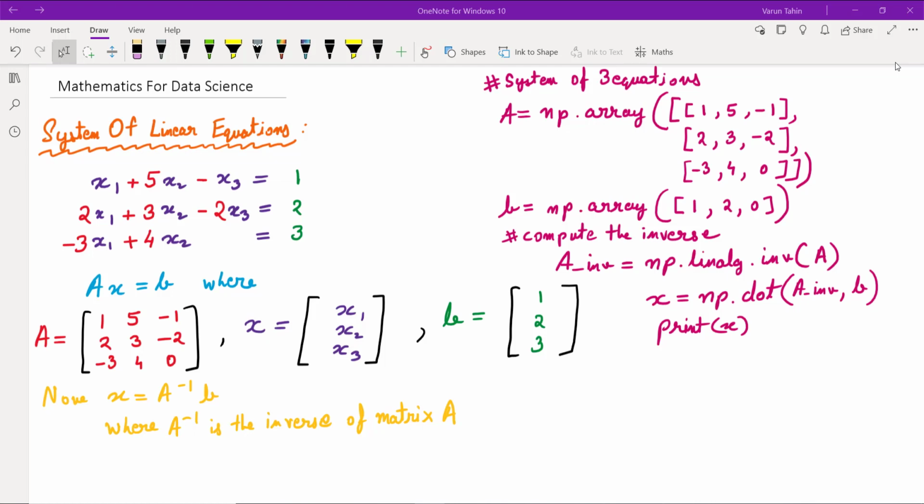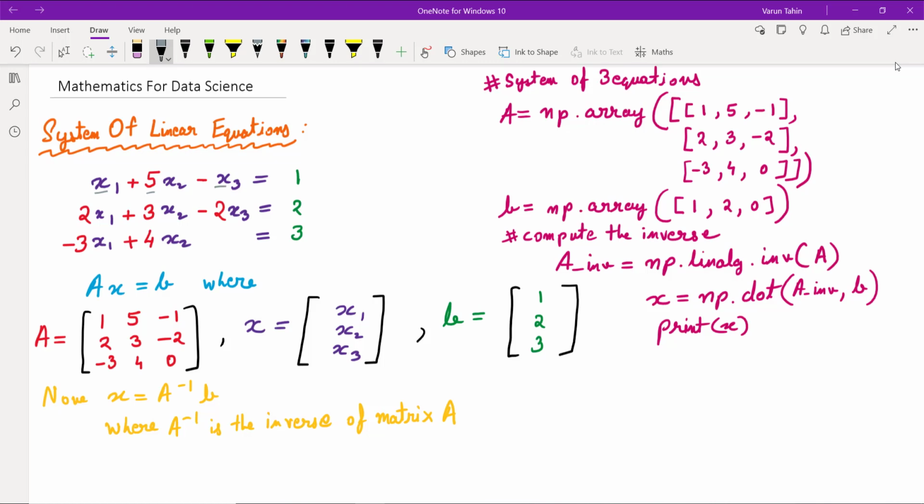So let's say that we have these equations in hand with their coefficients and the values of each of the equations. Okay. So these three equations can be represented in terms of Ax = B, where A represents the coefficient matrix in this equation. So you can see that with each of the variables there is a coefficient associated, which is in this case 1, in this case plus 5, and in this case minus 1.